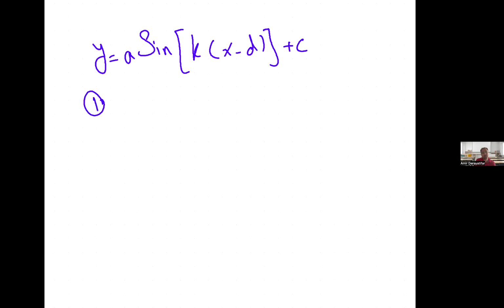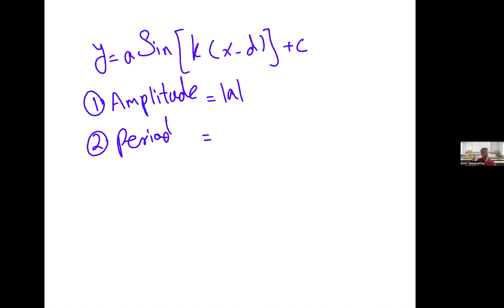Number 1, amplitude. Amplitude is kind of like the height of the graph, which is going to be the absolute value of a. Number 2, period, is going to be 360 degrees over the absolute value of k. Number 3, the maximum point would be c plus the absolute value of a.